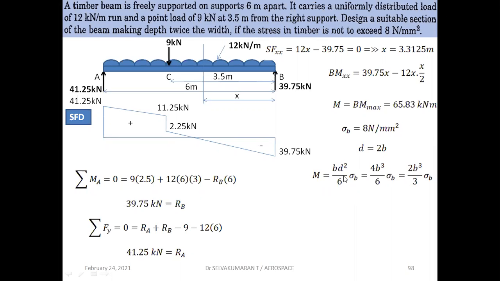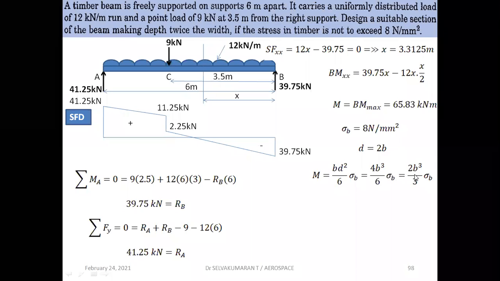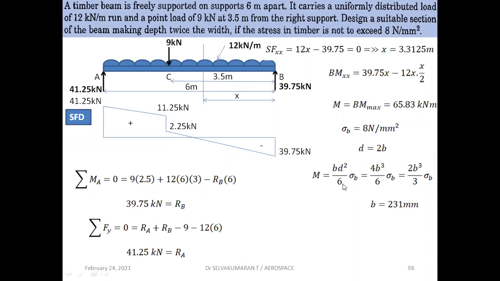So substitute this D here, you will get 4 B cube by 6, which is nothing but 2 by 3 B cube into sigma B. Then substitute this M, which is 65.83, in this expression. Sigma B is 8 Newton per mm square. You have to substitute this M in terms of Newton millimeter.